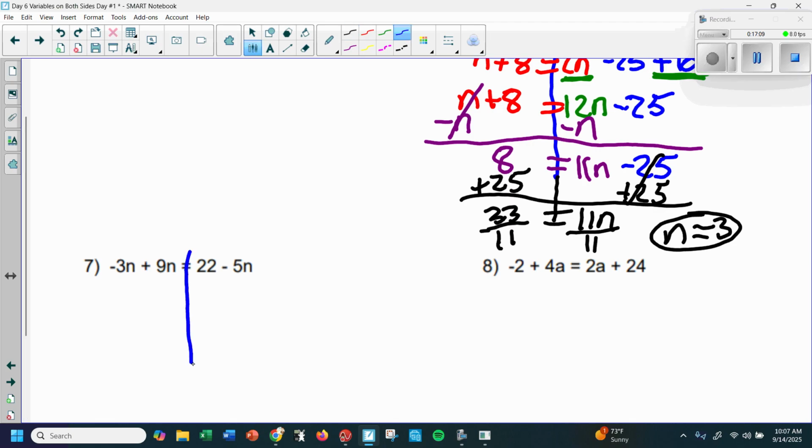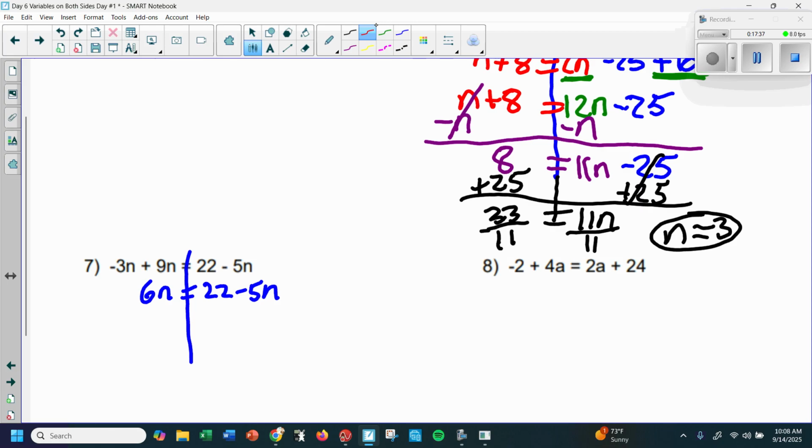No, not really. So first thing you should do is combine like terms. Negative 3n plus 9n is 6n. Come on, you can write. There you go. Equals 22 minus 5n. Okay, now that there's nothing else I can do on the left, nothing else I can do on the right, now we start moving the n's around. Who is smaller, 6n or negative 5n?